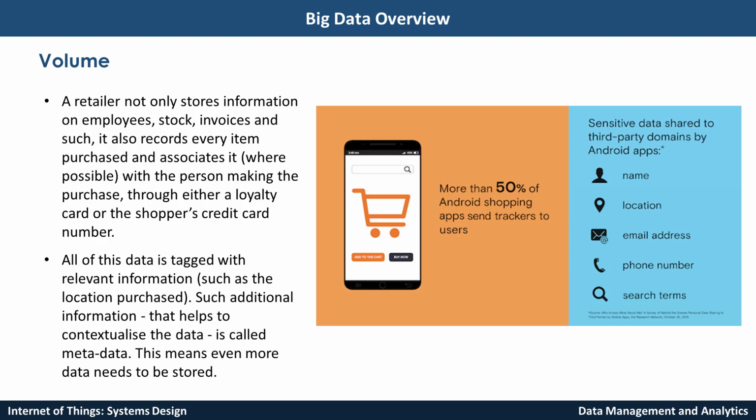Especially if this is an online retailer, they may track what products you browse through before you buy, how long you did the browsing, and what links you clicked. All this contextual information, which we also call metadata, will be stored. And if you are serving millions of customers, these data become large, which we refer to as big data. This is a non-IoT example of big data.